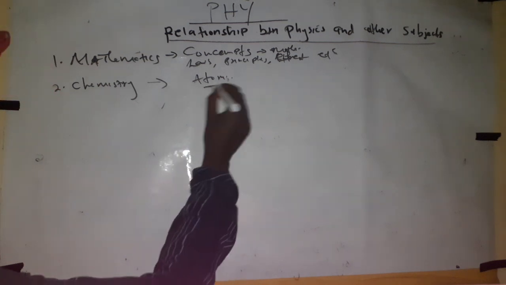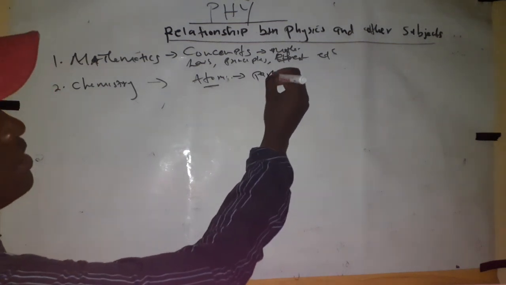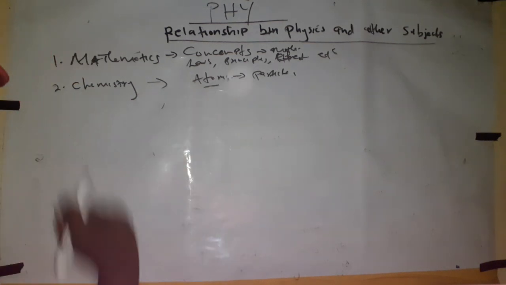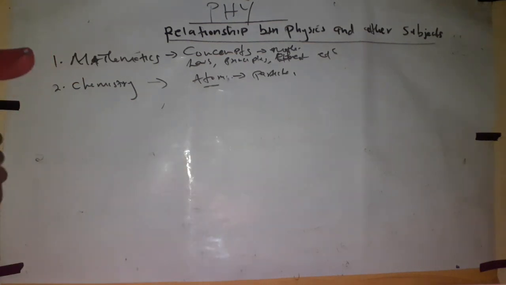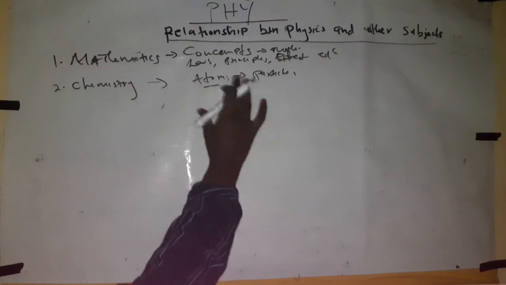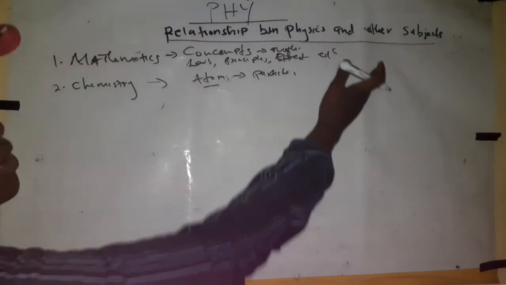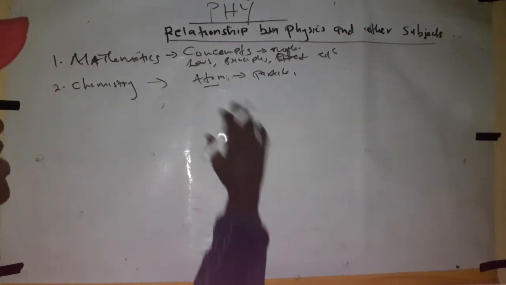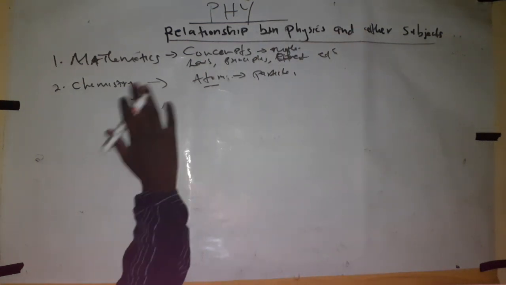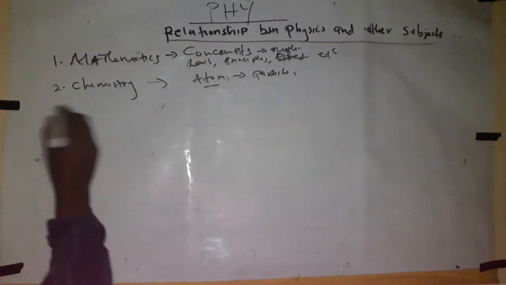Then physics comes in and explains the particles that make the atom, like the protons, the electrons, the neutrons, and so forth. So that's how physics is related to chemistry.